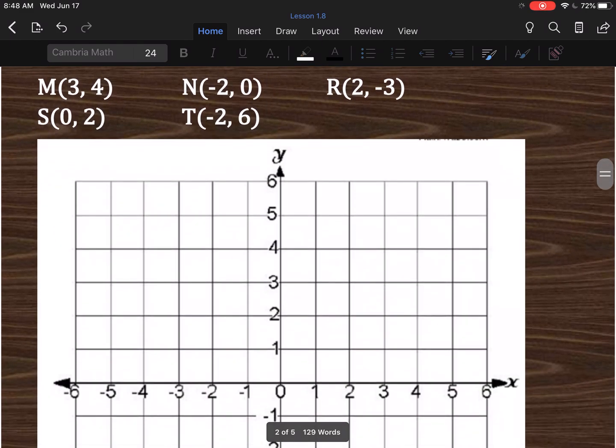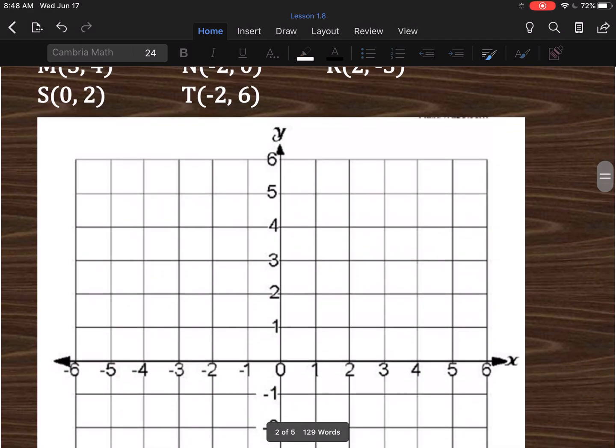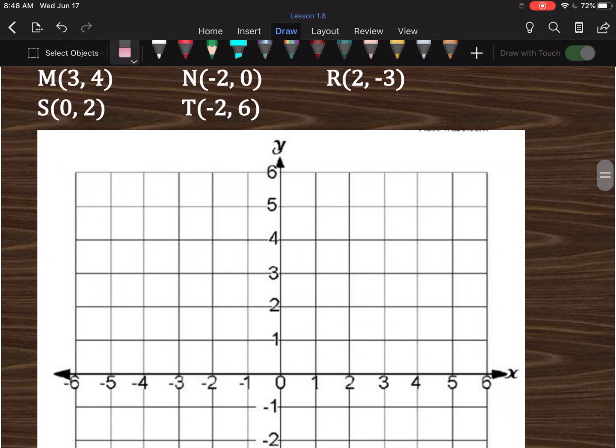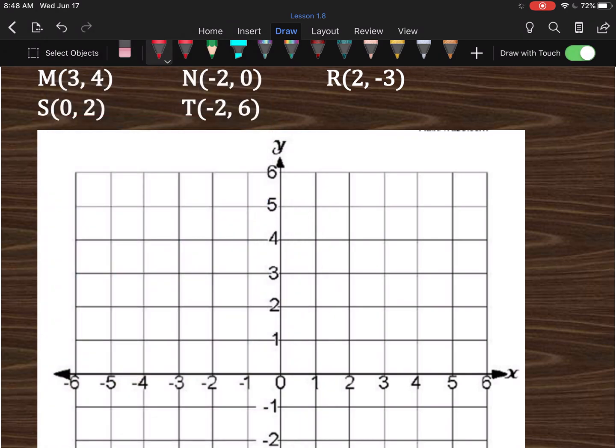So, first example, plotting points. I can scroll out if I have to. So 3, 4. M is at 3, 4. That means starting from the origin, go right 3, up 4. So 3, 4 is there.